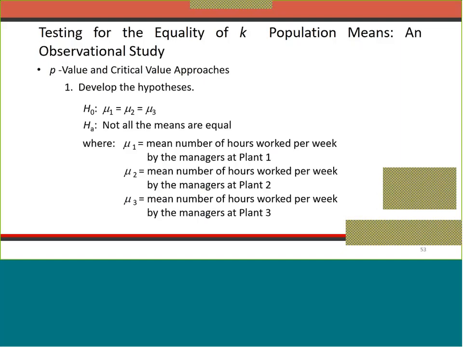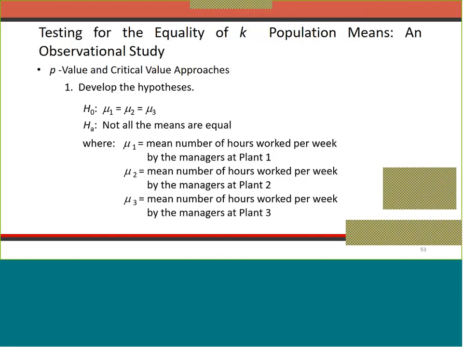Now we want to write H naught. All population means are equal, and the alternative hypothesis is not all population means are equal. This is a completely randomized design, that's what we assumed.